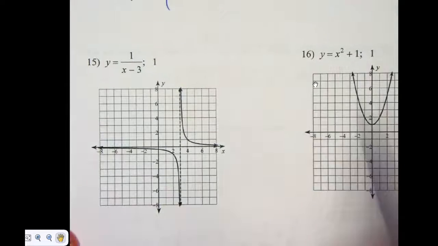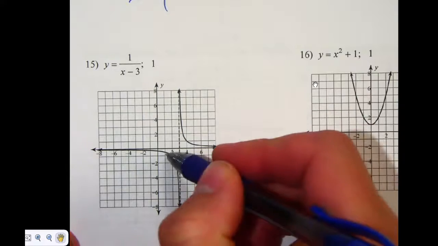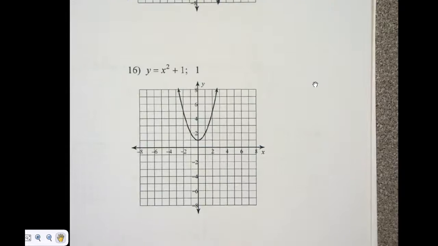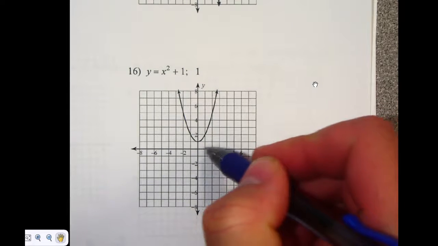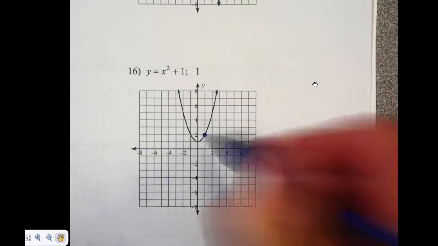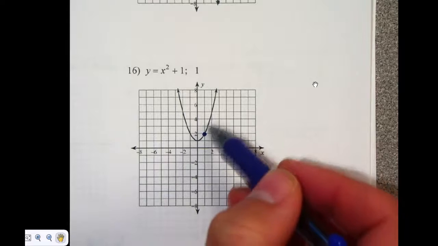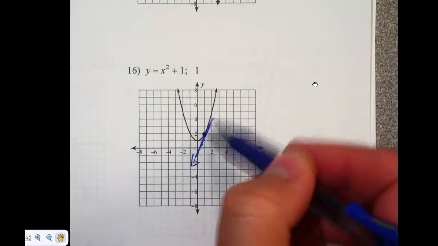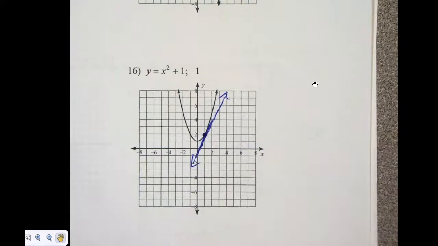All right, let's try 15. These are fun. No, 15 is the same. Let's try 16. So go to x equals 1, go up to the graph, put a dot. Reach your hands out to both sides, or surfboard, or whatever you think about there.